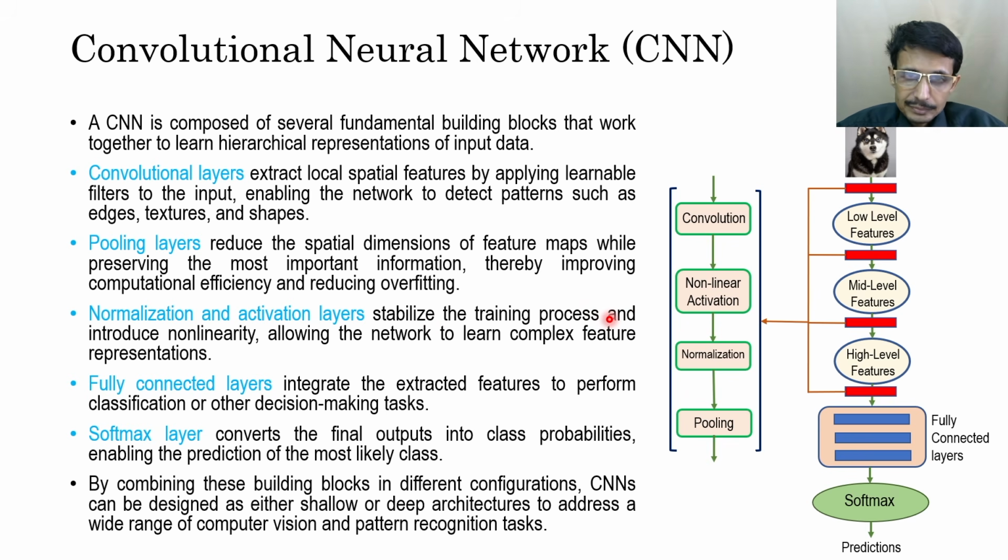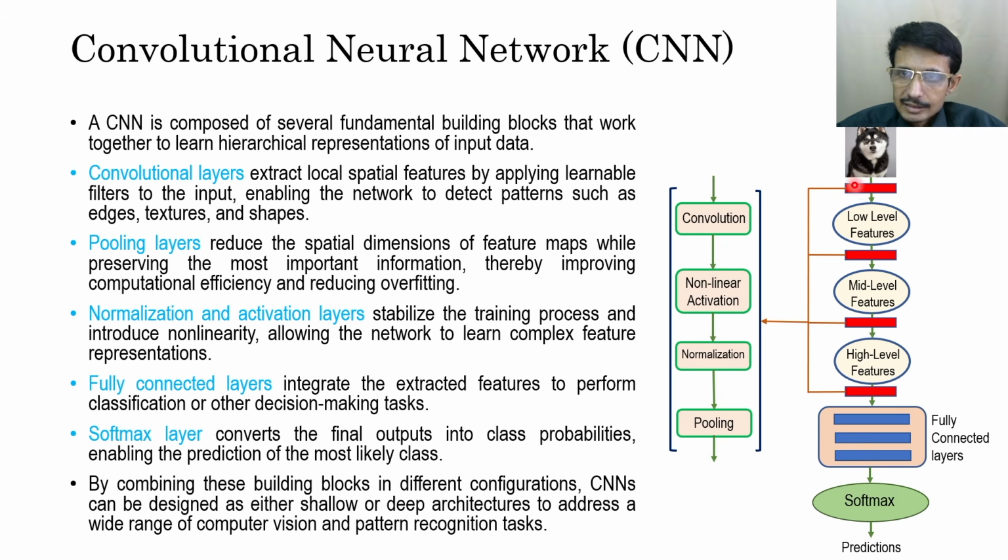What does this mean? Sometimes we see that the coefficients generated by convolution have a very high range. So sometimes it's required to make it a shorter range like -1 to +1, or 0 to 1 and so on. Normalization is specific for this. So it's stabilizing the process. We'll discuss this in detail in this lecture.